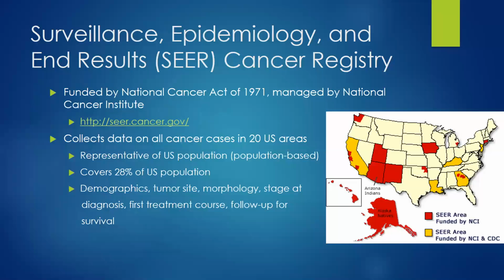And this one is a population-based registry, so it's designed to be representative of the full US population on some basic demographics, even though not all states are involved. It actually covers more than a quarter of the US population, and it includes information on demographics, tumor site, morphology, stage at diagnosis, people's first treatment course, and then it follows them up for survival.